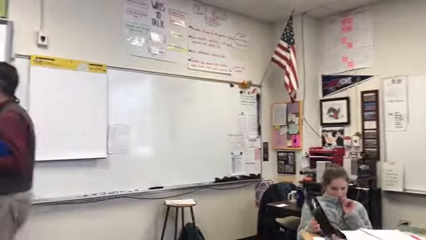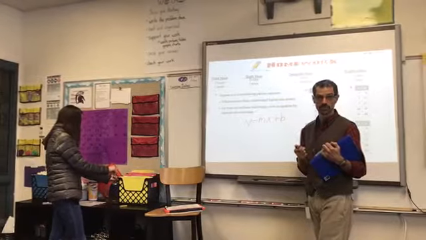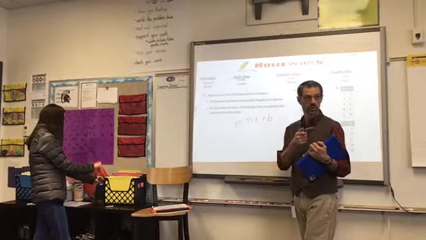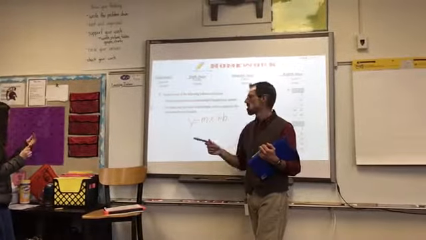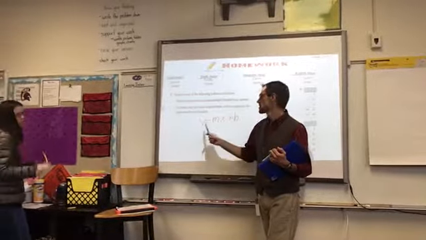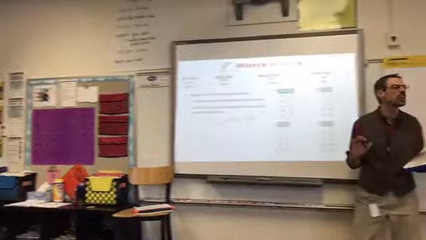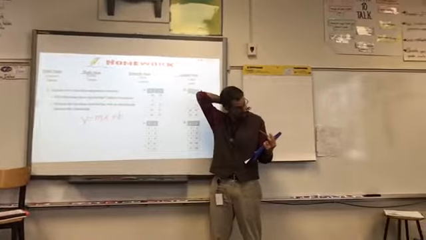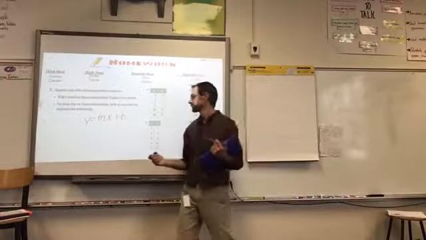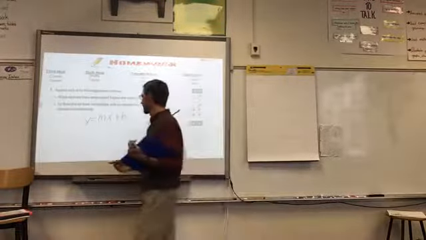You guys good? Chris, you guys good? Okay. So here's our standard equation: y equals mx plus b. We use this all the time for linear functions. So what does my m stand for? Chris, my rate. What was my rate that I just figured out? 3. So I substitute 3 in.